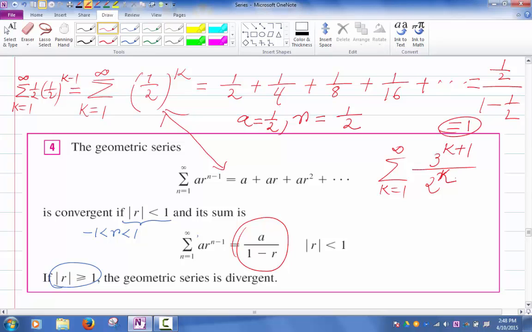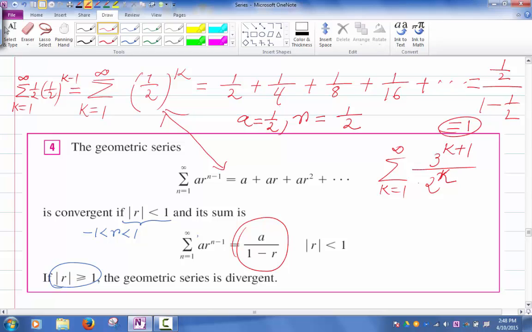Is that a geometric series? Well, the best thing to do is figure out what's going on with the terms.